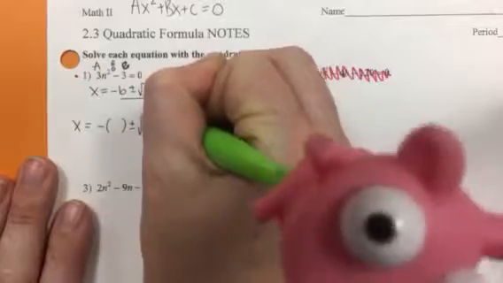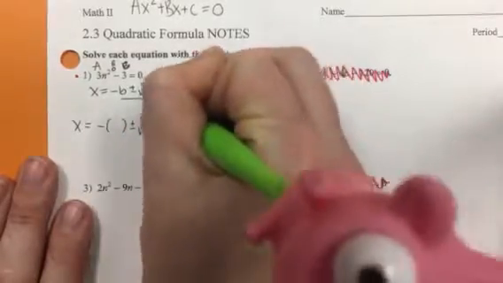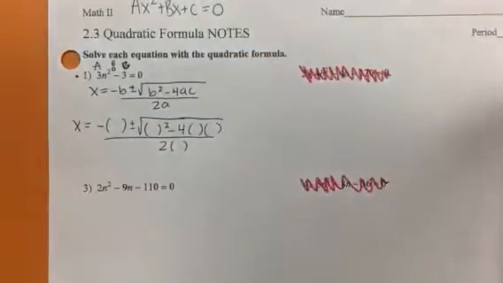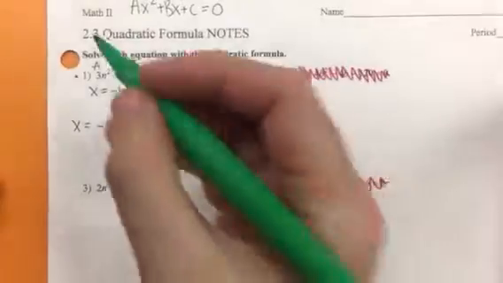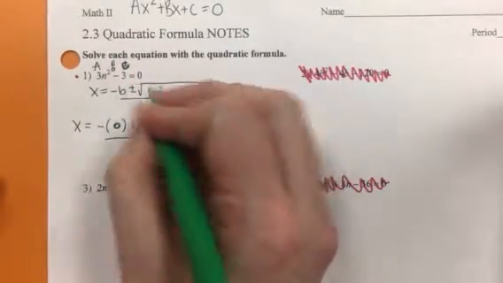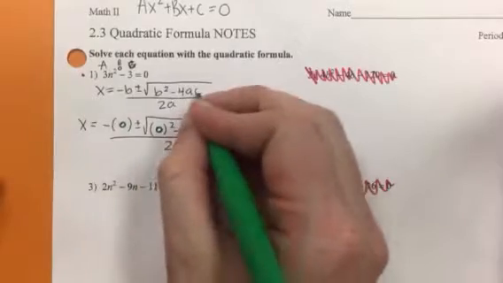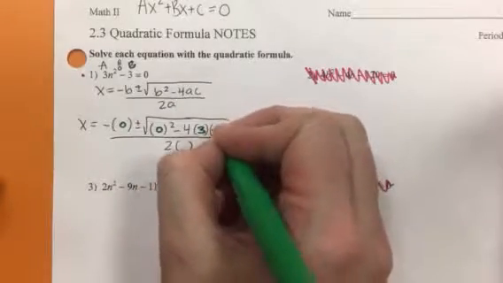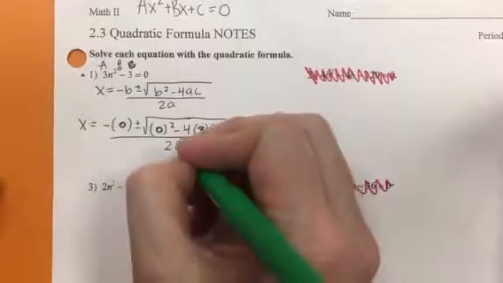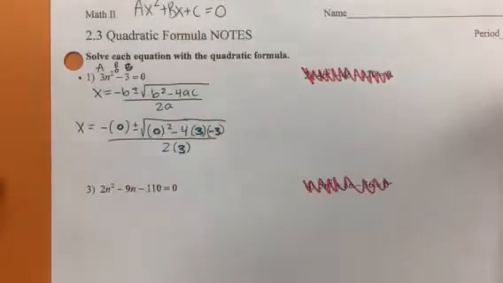B squared minus 4ac all over 2a. I'm going to go through and plug in. The b is 0, a is 3, c is -3, and a again is 3.